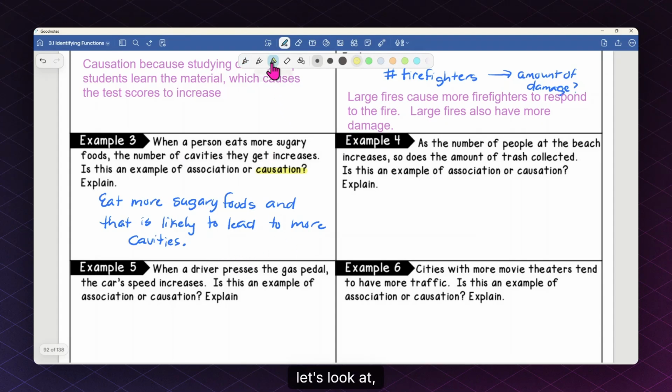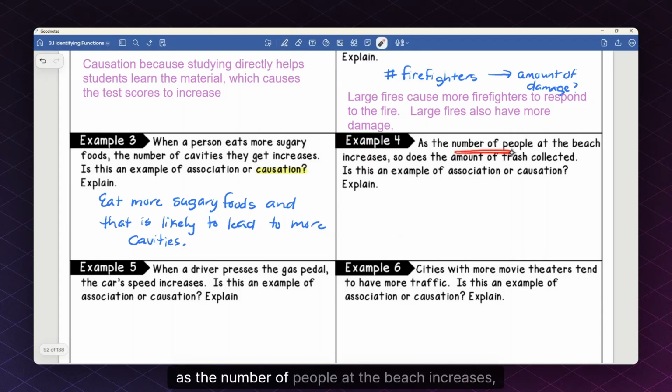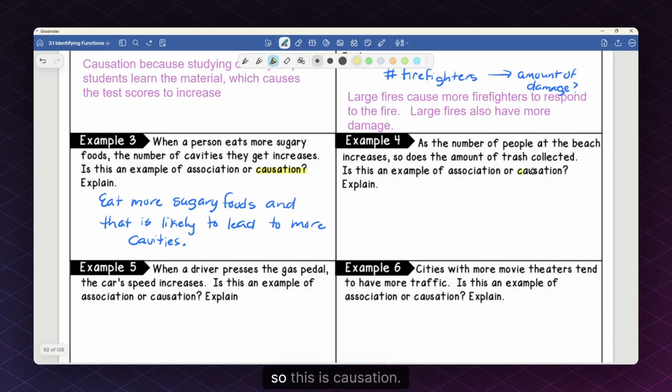Alrighty, let's look at this next one, where it says as the number of people at the beach increases, so does the amount of trash collected. Is this association or causation? So if it is causation, does the number of people at the beach cause the amount of trash collected to increase? And you could say that yes, that does create a causal relationship. So this is causation.